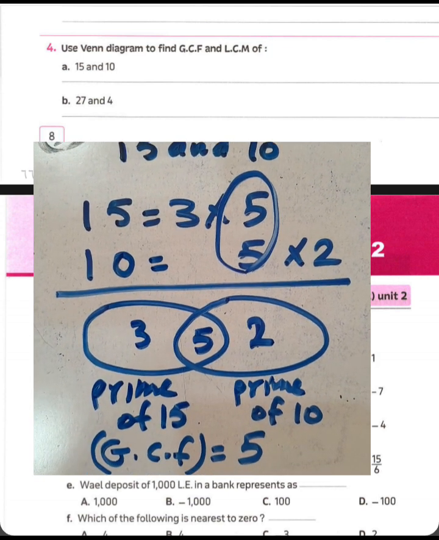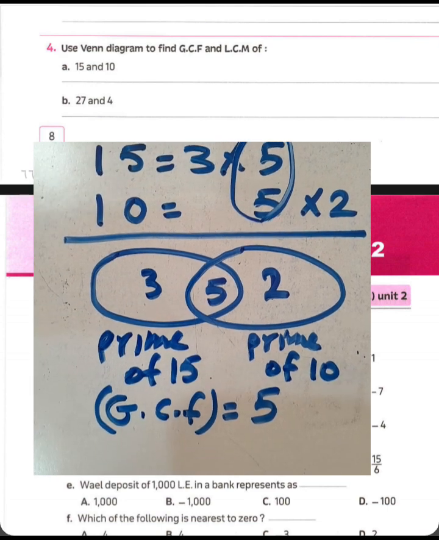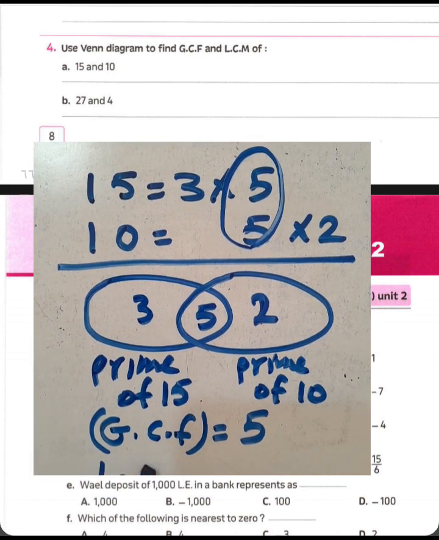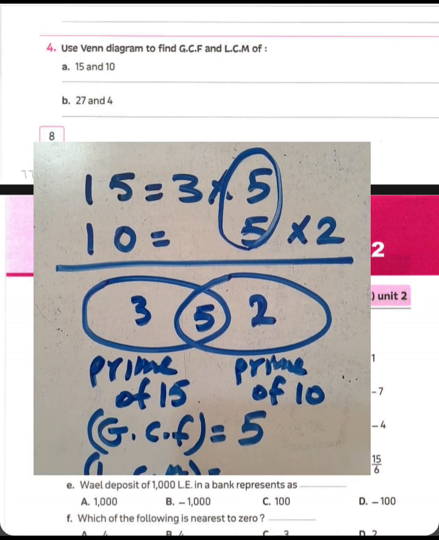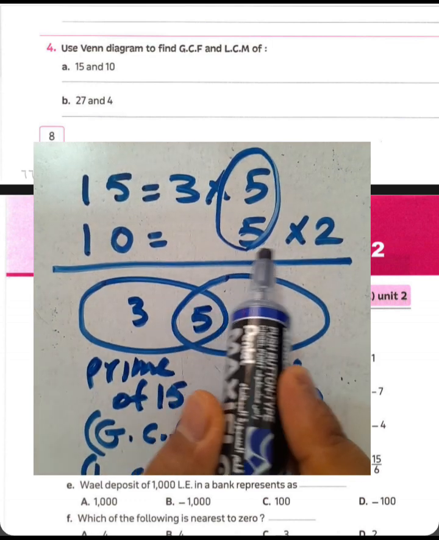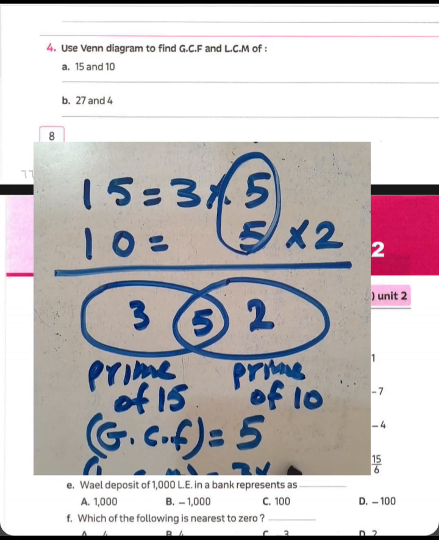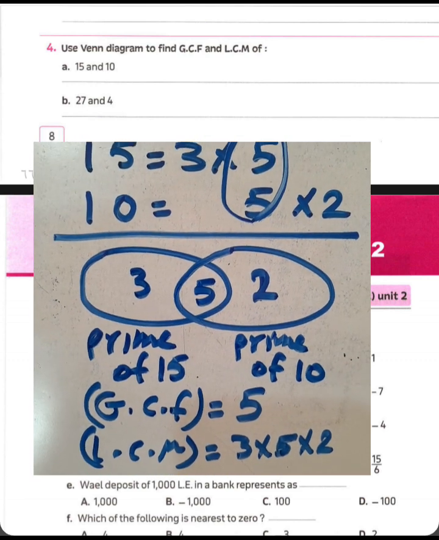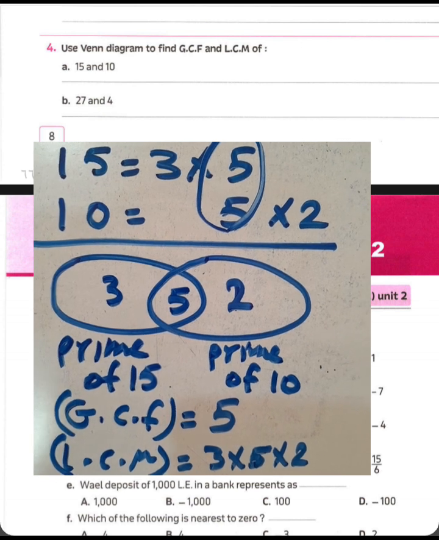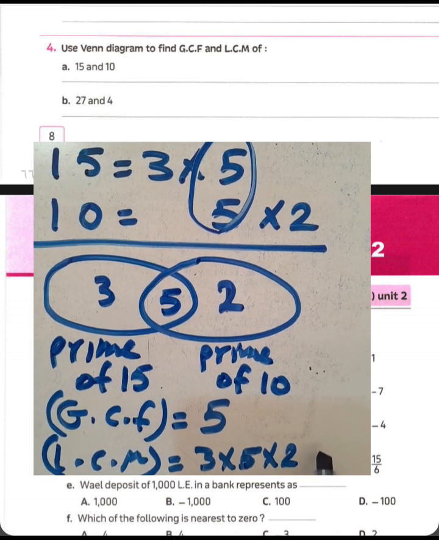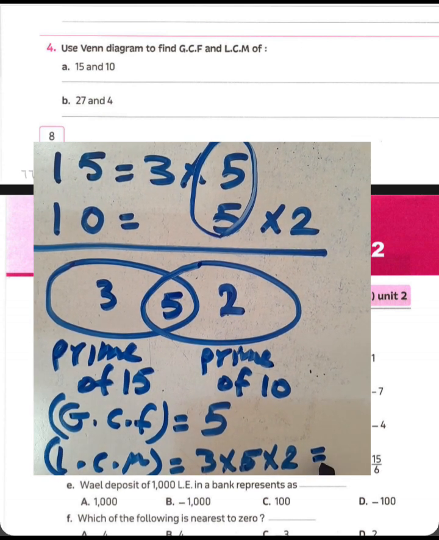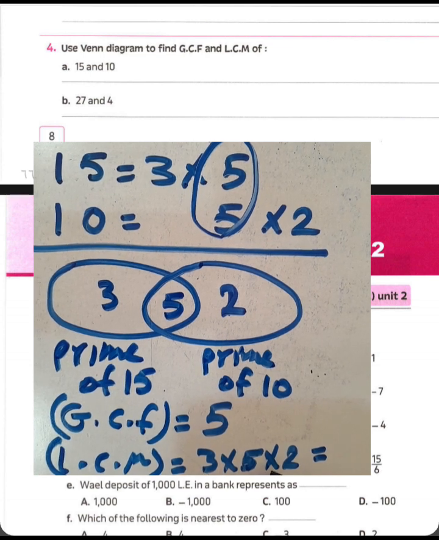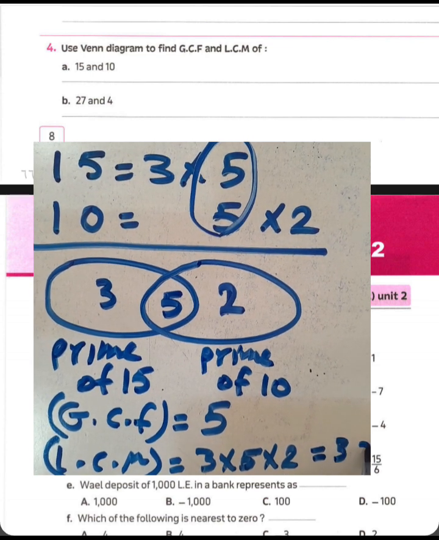Okay, and the least common multiple between them, 3 times 5 times 2. The least common multiple between them will be what? 2 times 3, 6 times 5 equals 30.